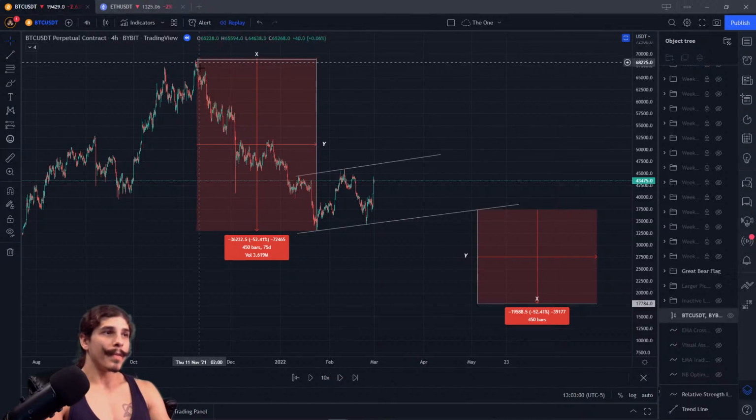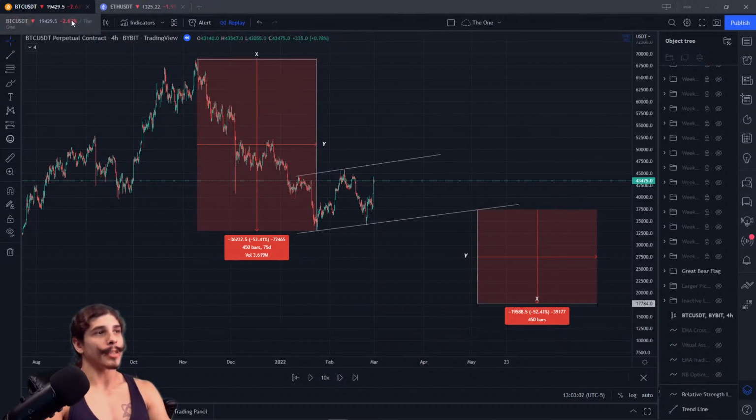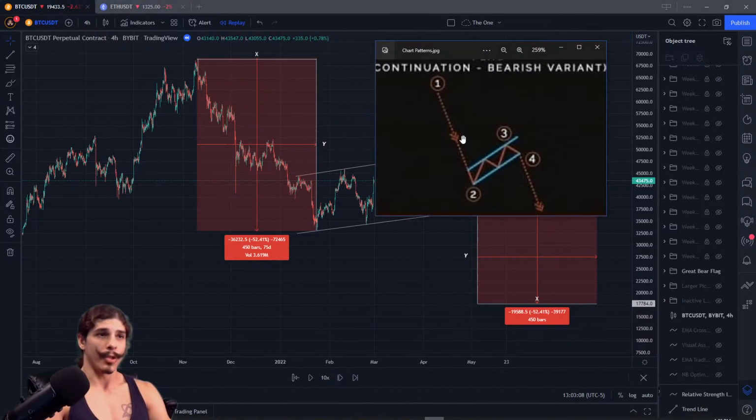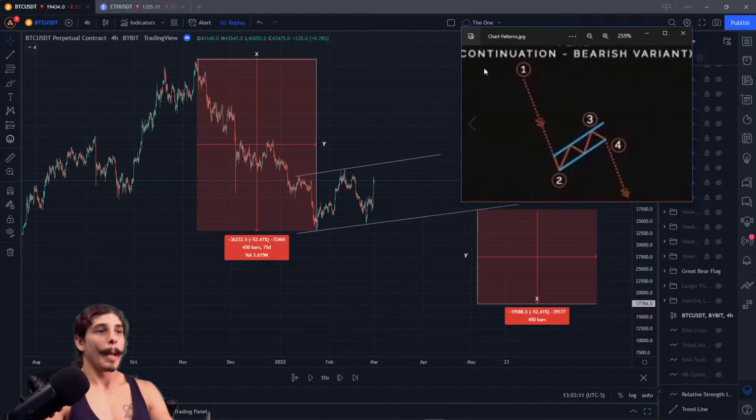So we know that it took 450 candlesticks on this time frame to reach the valley of that move, to reach from 1 to 2. We also know that the distance was 450 and the percentage was 52%. So our X value is going to be time.